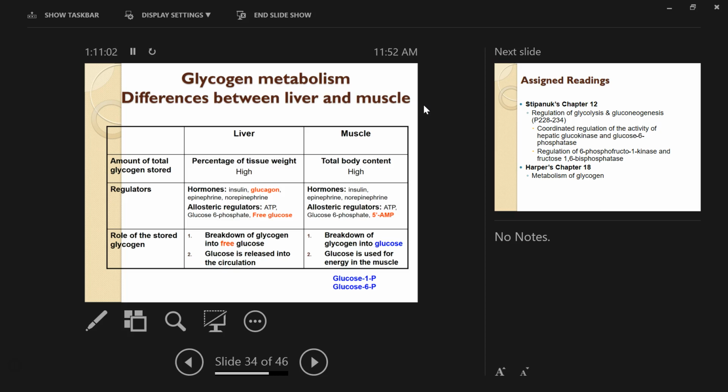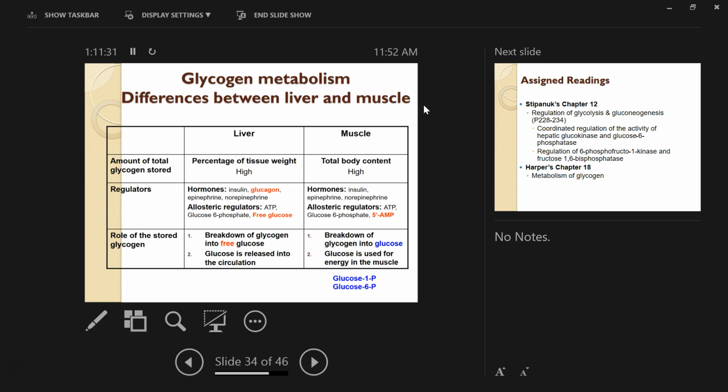And 5' AMP only regulates muscle but not liver. I highlighted these in red so you can make the comparison. Some of the hormones or allosteric regulators only control liver glycogen metabolism but not muscle, and some of the factors only regulate muscle but not liver, right?